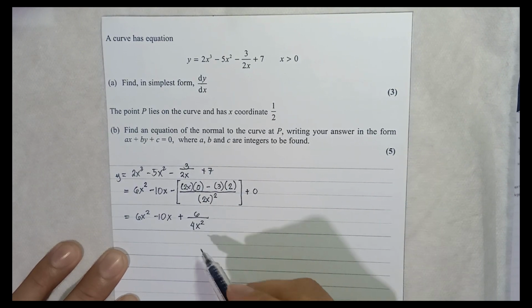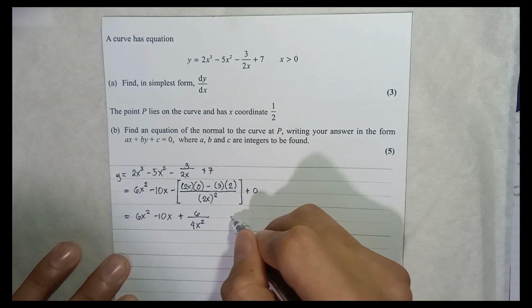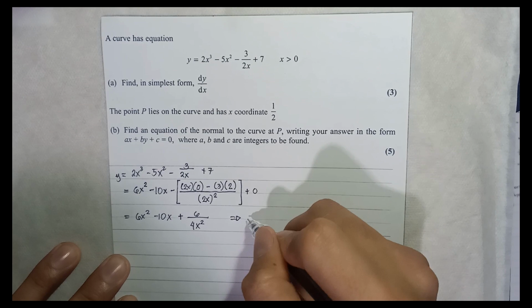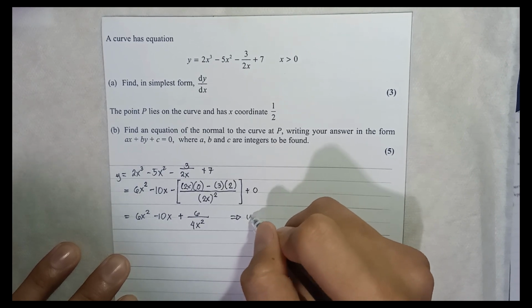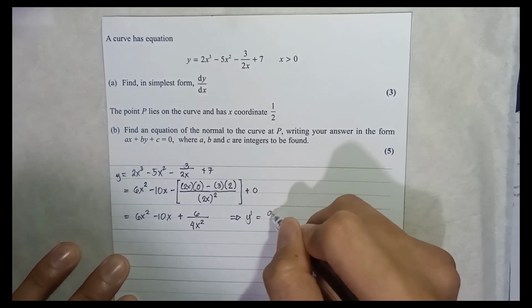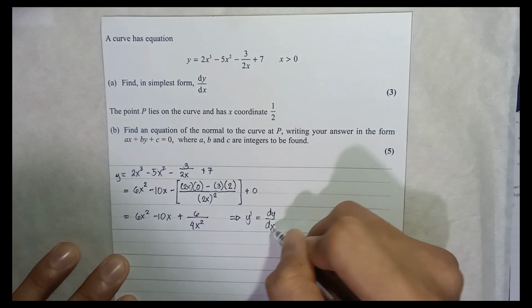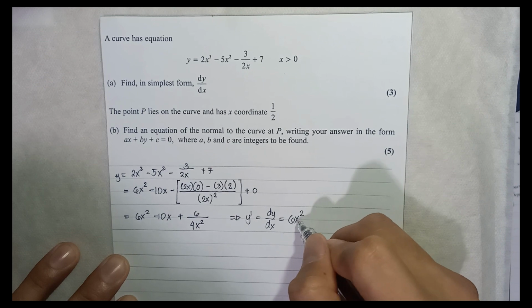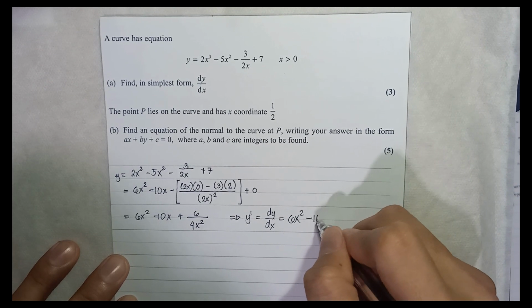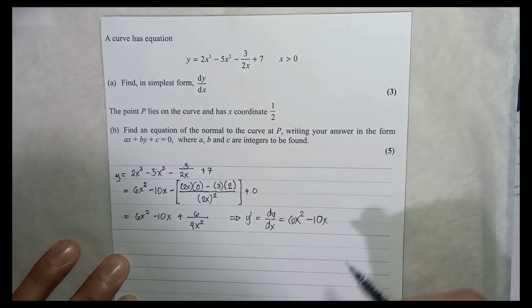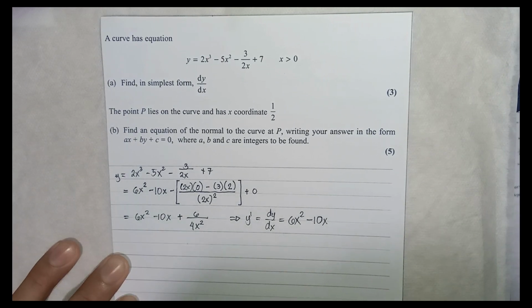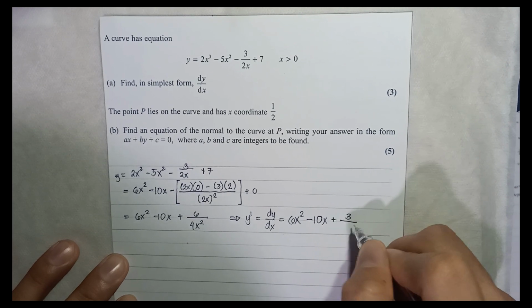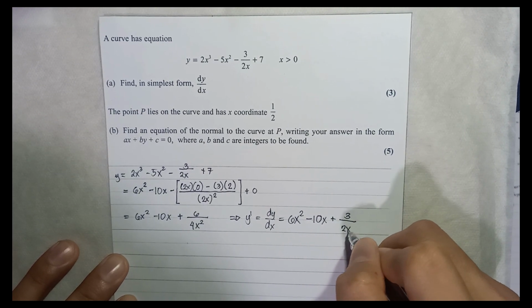Then we can simplify this fraction. The final form will be, let's just make that an arrow, y prime, or we can write this as dy over dx is equal to 6x squared minus 10x, and then here 6 and 4 can be simplified as 3 over 2x squared.